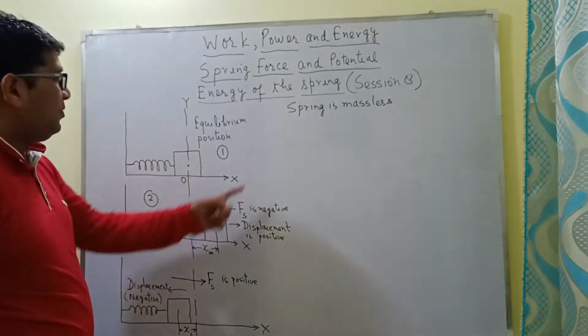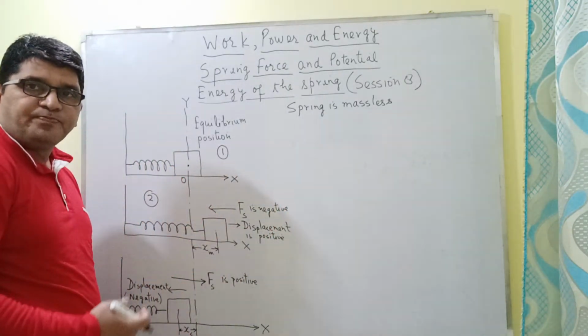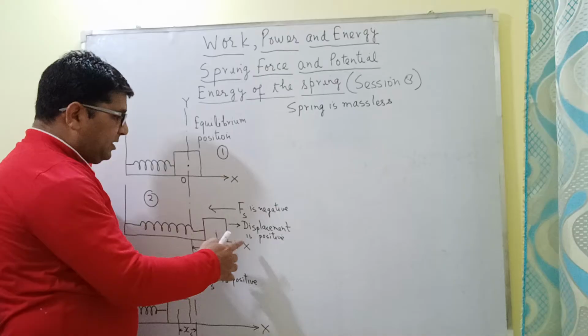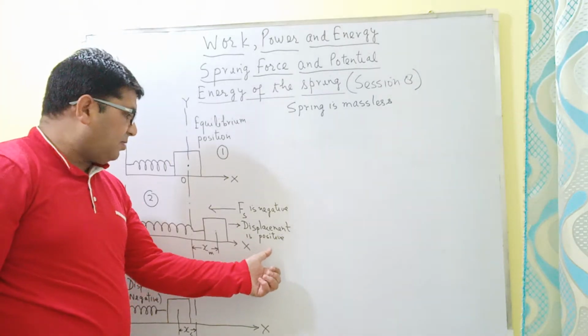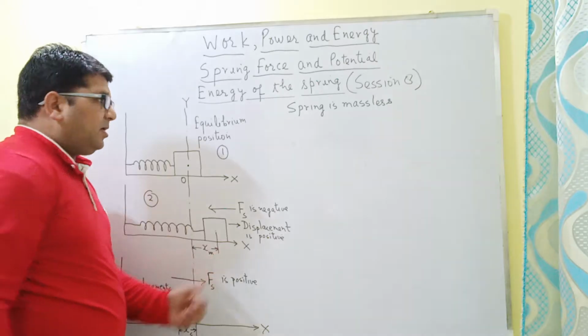Now, what is spring force? The spring force is a variable force, and it is conservative in nature. Conservative means that the work done due to this force depends on the initial and the final position of the object.